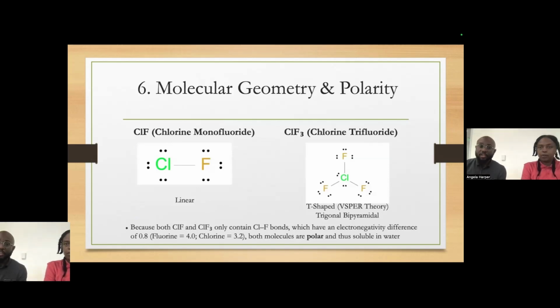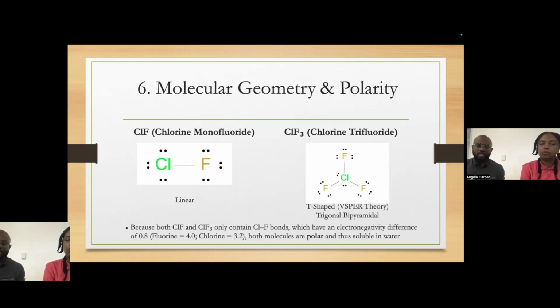Now we'll talk about the molecular geometry and the polarity. There's a stark difference between these two molecules. Chlorine monofluoride has a linear geometry, whereas chlorine trifluoride has, as previously mentioned, a T-shaped geometry in the 2D plane, according to VSEPR theory.